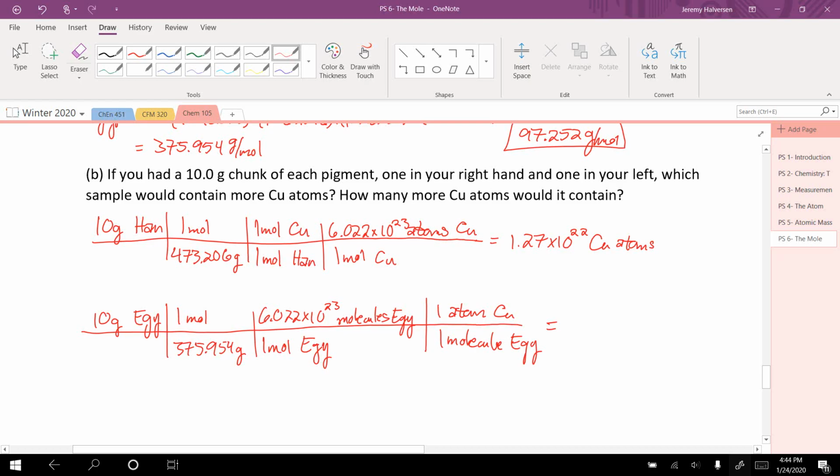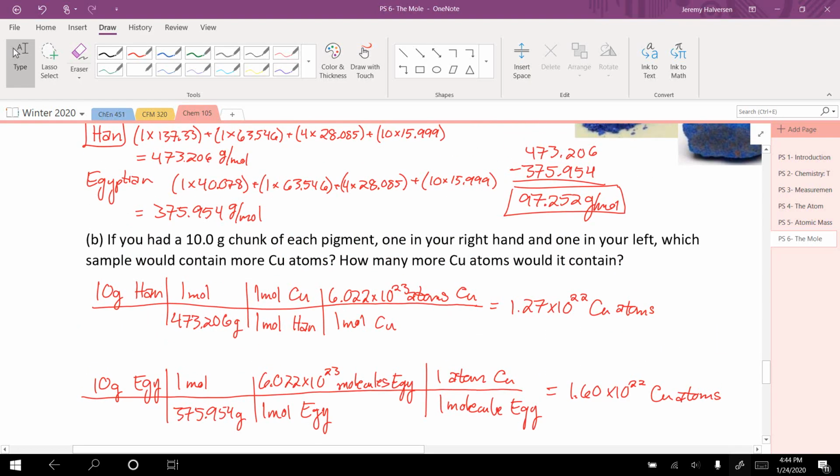Again, just 2 variations of doing the exact same thing. The math ends up being exactly the same regardless of what you do first. 1.60 times 10 to the 22nd copper atoms. So which one contains more copper atoms? Looks like Han does. Wait. Sorry, nope.